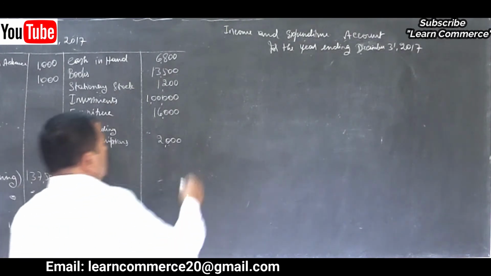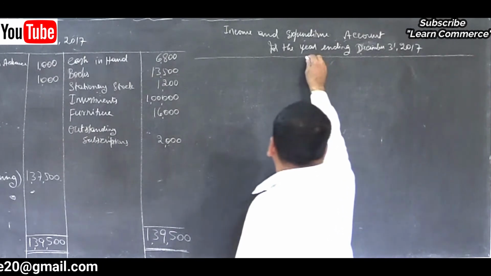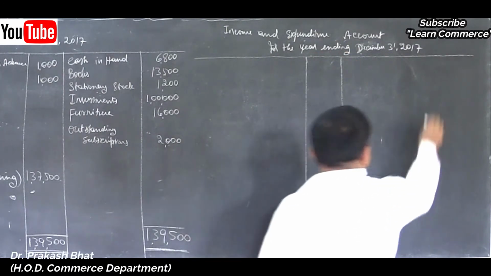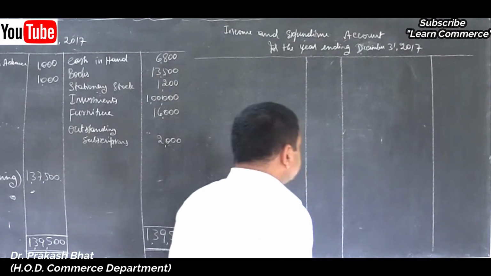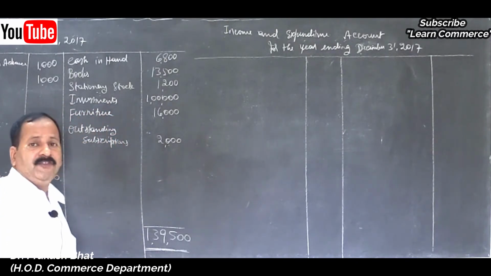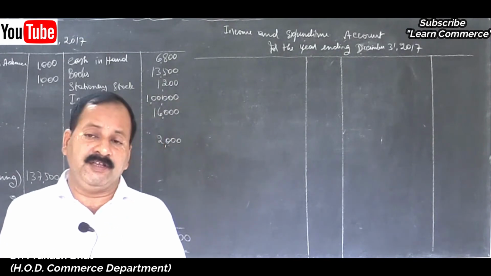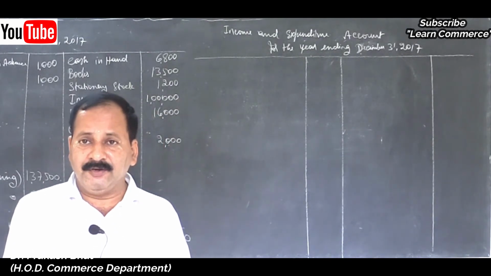Yes, draw the columns. Debit, credit, expenditure, amount in rupees, income, amount in rupees. Draw the columns. Quick, do it fast.